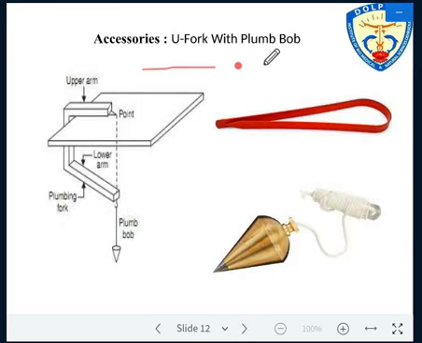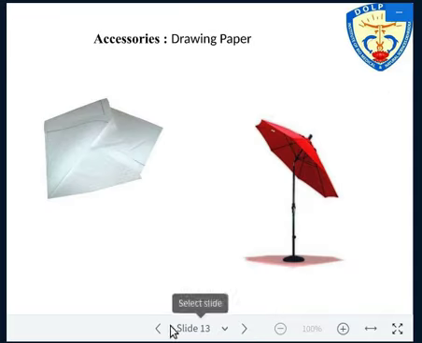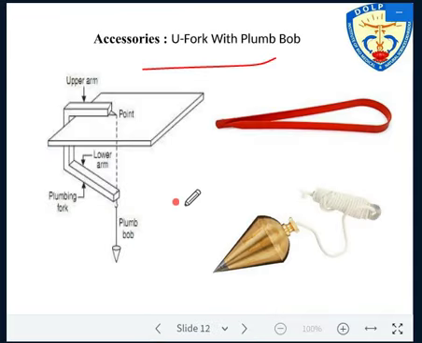Then the U fork with plumb bob, that's another important instrument we have, right? And why is this required there? It is used for centering the table. Centering the table, it means what? For example, this is the station. From here we have to start the observation.